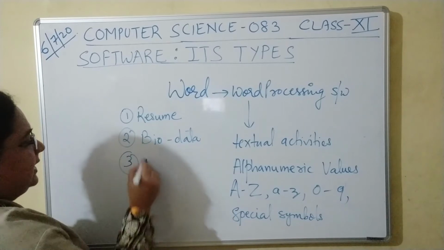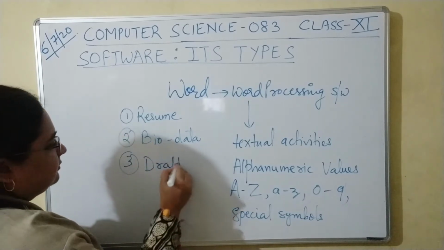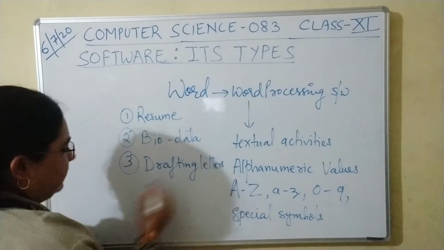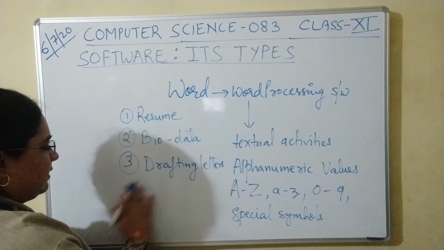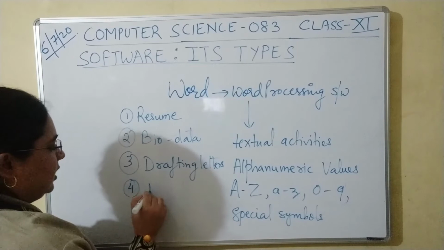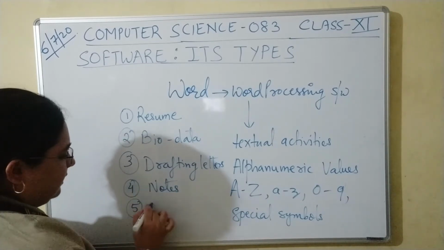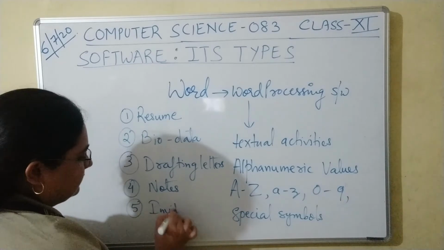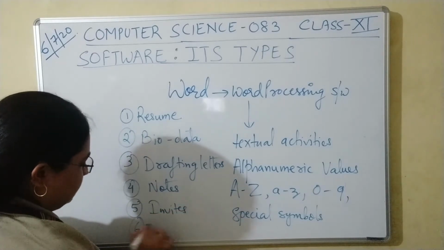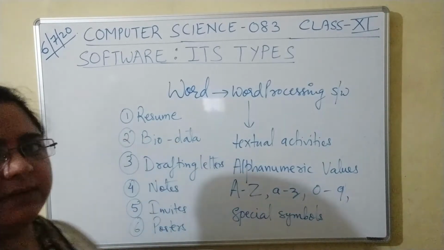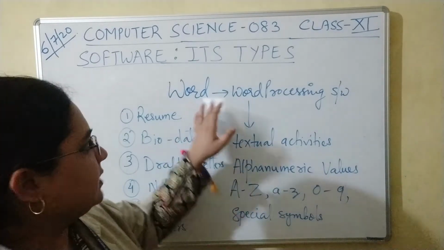Then drafting any letters, whether formal, informal, applications, notes, typing any type of notes you want to type, creating simple invites, simple posters, and any other textual activity can be done using a word processor.